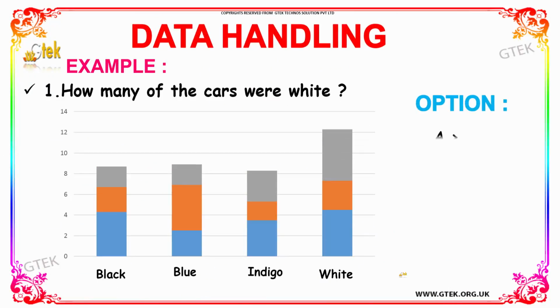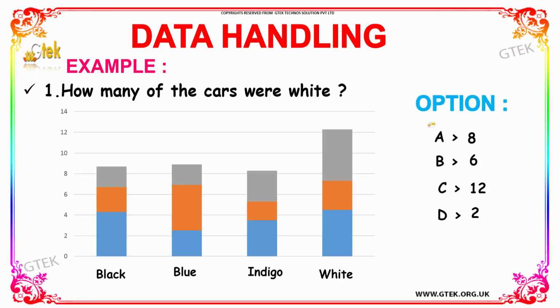Let us see our first example. In the given bar graph, you have to find how many of the cars were white in color. From the data given in the graph, you have to find the number of cars which were white in color.